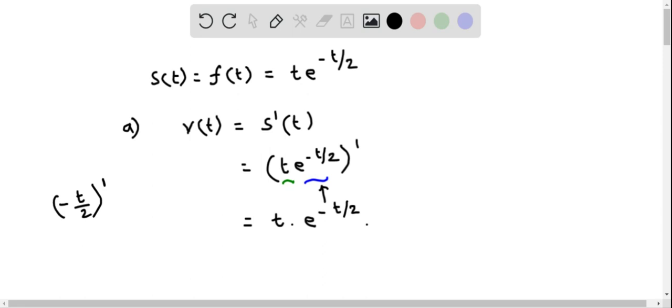And the derivative of this negative t by 2 is negative 1 by 2 times the derivative of t is 1. So it is negative 1 by 2. So multiply this with negative 1 by 2.